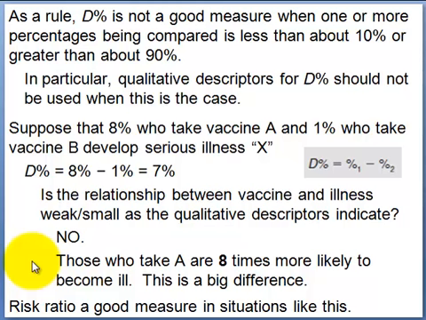And hopefully it's intuitive to you that 8 times more likely is a big difference. It's not a small relationship. So when you have percentages that are not in the range between 10 and 90, particularly when you have percentages that are close to 0, the risk ratio is preferred to the difference in percentages.